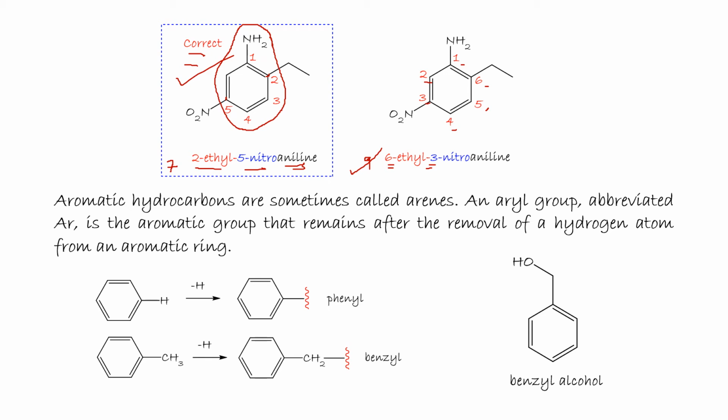Aromatic hydrocarbons are sometimes called arenes, like when we call alkenes. And an aryl group, abbreviated Ar, is the aromatic group. We were saying R for an alkyl group; here we have Ar for an aryl group.